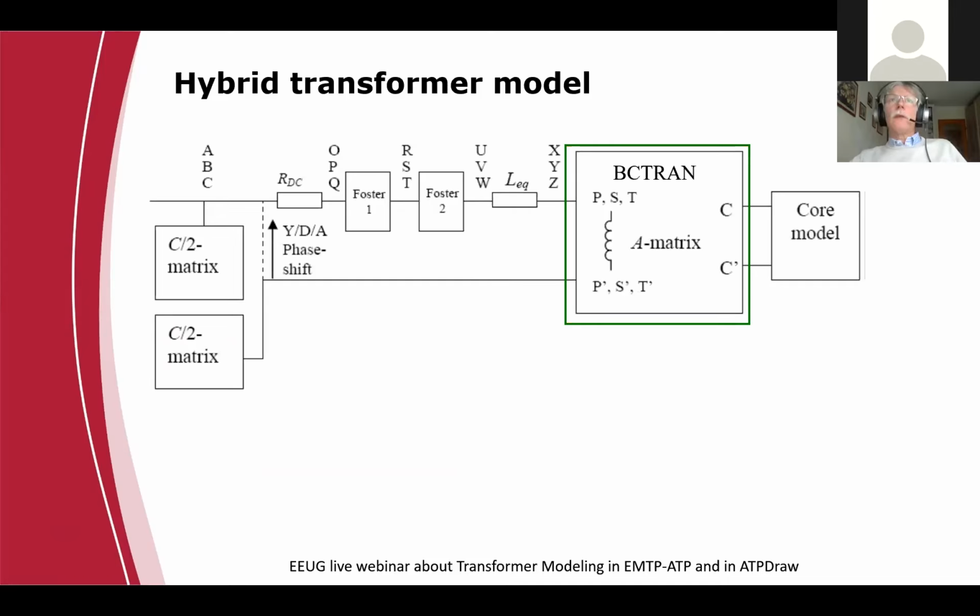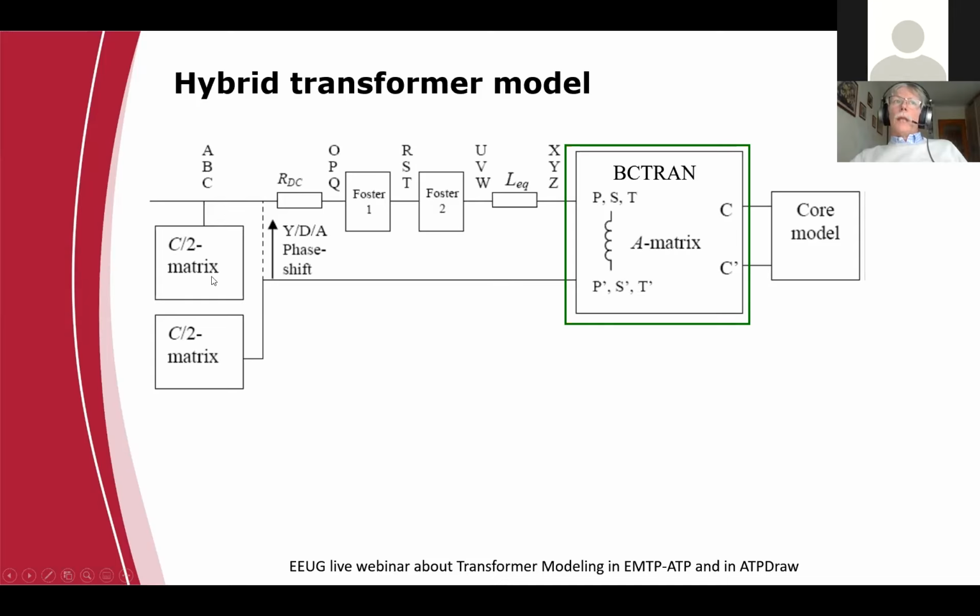Internally, the hybrid transformer looks very similar to the BC-Tran. Actually, the BC-Tran is there inside this model, but some additions are also there. For example, the frequency dependency of the winding resistance can be considered.